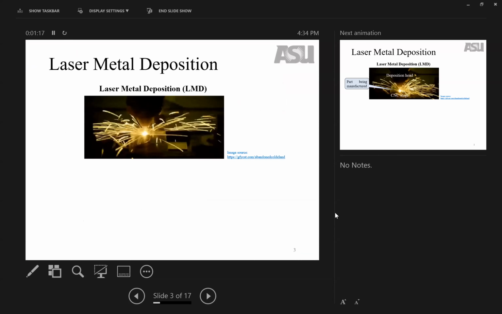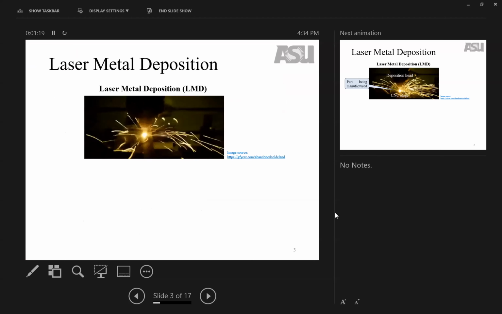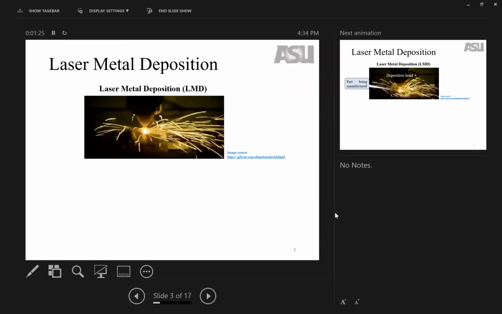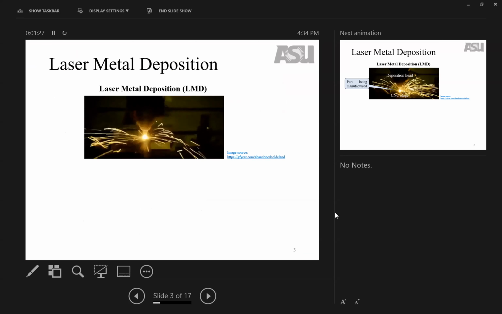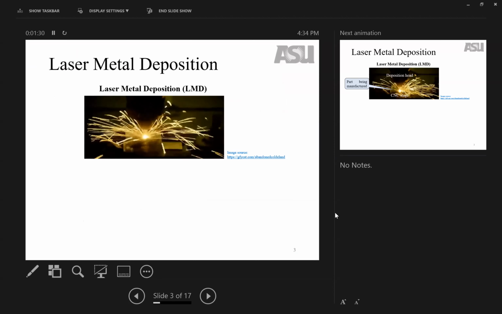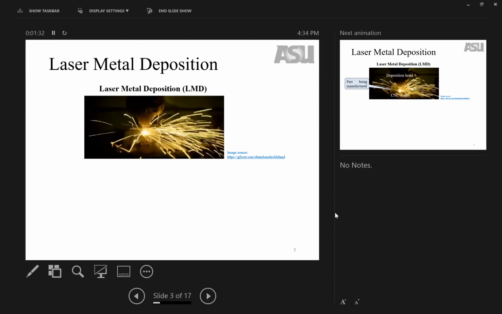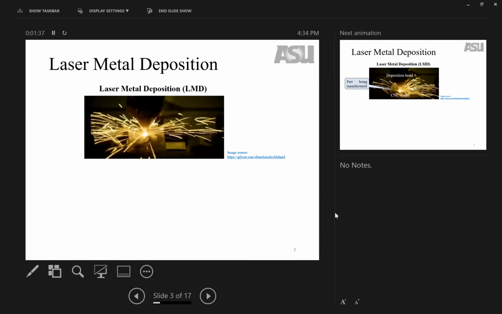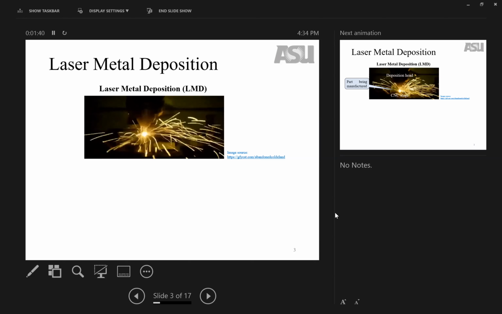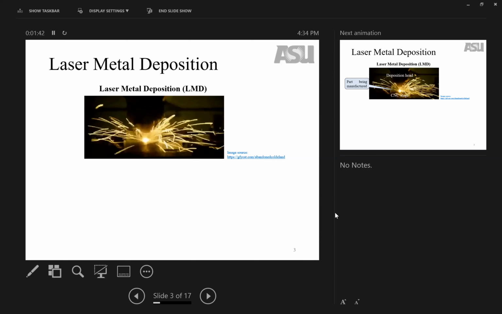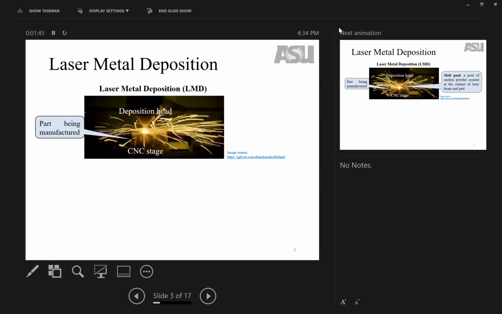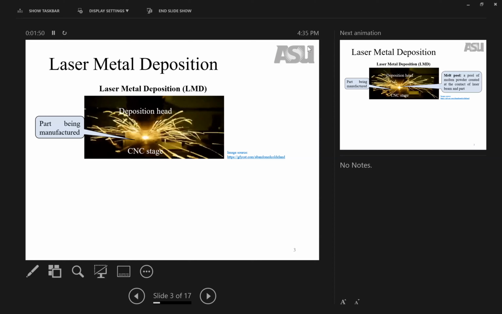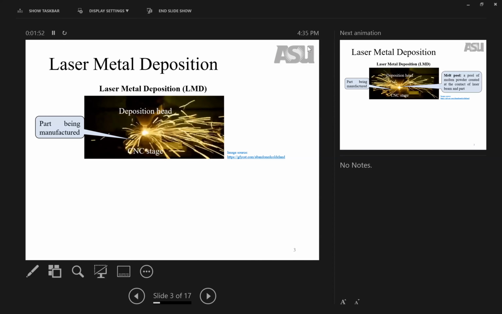Laser metal deposition, also named direct energy deposition, is a laser-based additive manufacturing process that uses the laser beam to generate the heat for melting and consolidating the added material powder to build a part. During the process, the laser beam is used as the heat source, and it constantly injects the material powder onto the stage and melts it along the way.